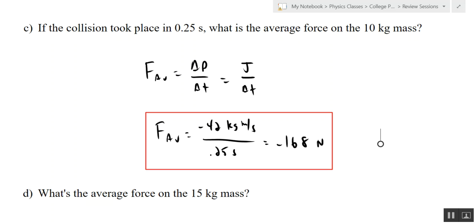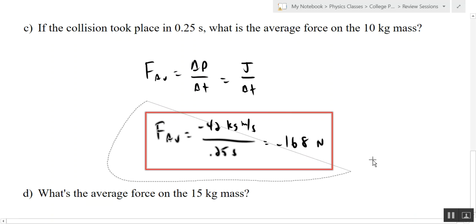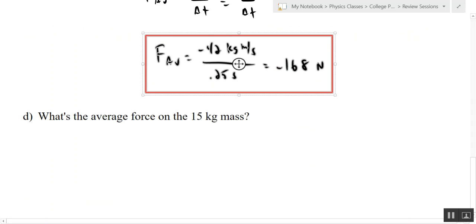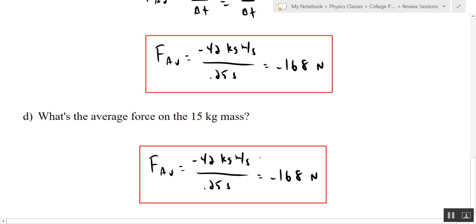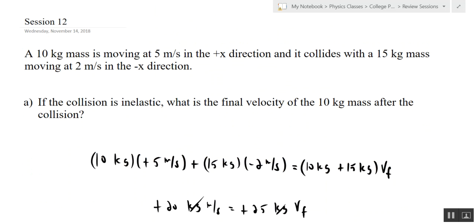Maybe the same. Almost the same thing. Well, they have different initial momentum, so it would be a different number. Would it be positive? Uh-huh. This should be plus 42 when you figure it out. But anyhow, it should be the same number, just positive, right? So, you can figure it out. What was the initial velocity for the other one?